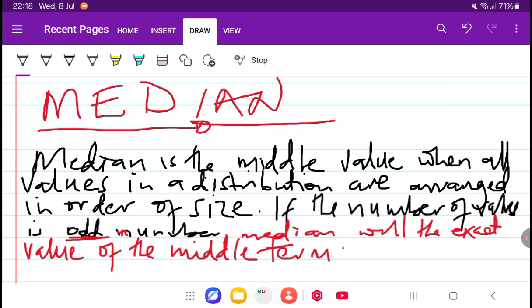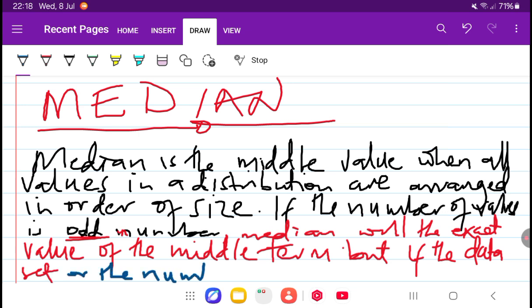But if you find that the data set, or the number of values, are even, in other words, once you count these number of values that have been given to you and you find that they represent even numbers.